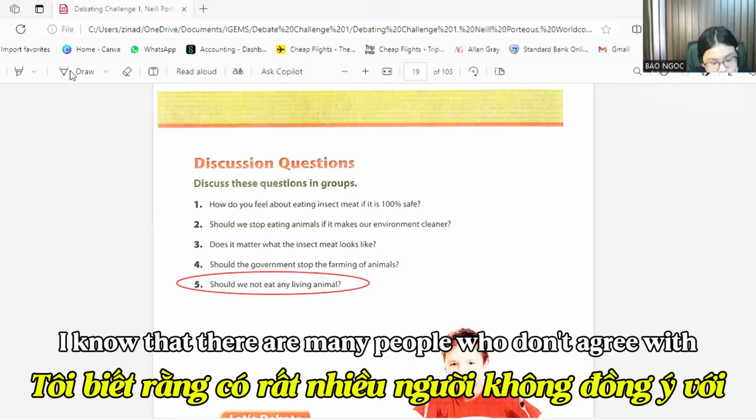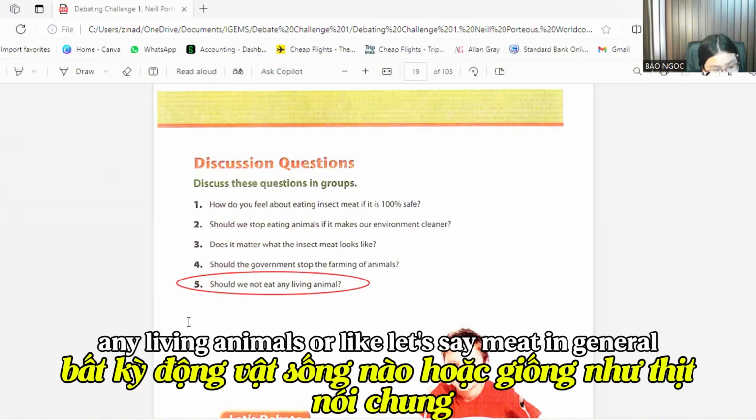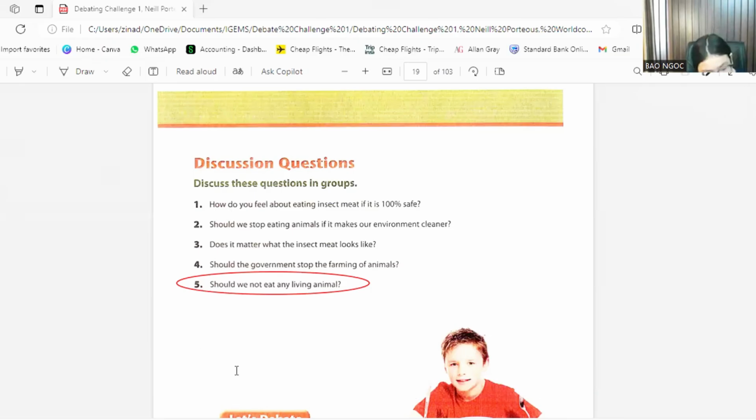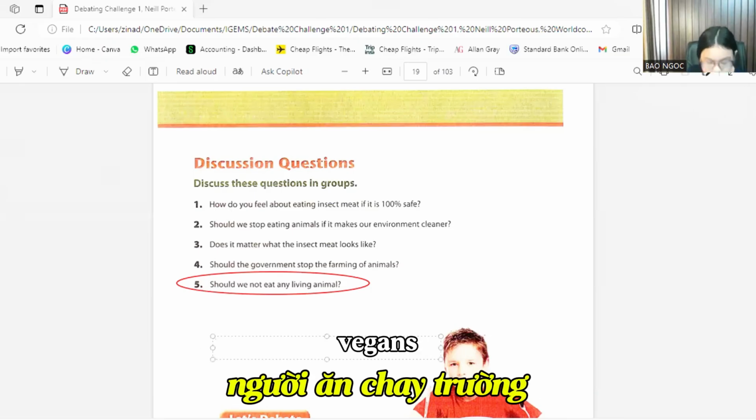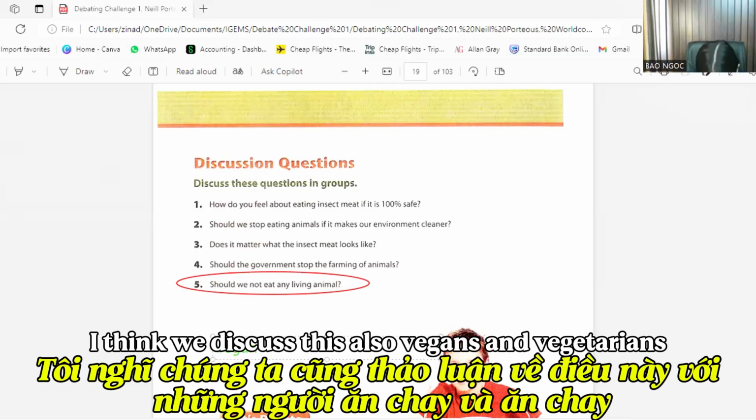I know that there are many people who don't agree with eating any living animals, or, let's say, meat in general. What do you call these people? Vegan? Okay, vegans. All right. What do you think the difference is between a vegan and a vegetarian? I think we discussed this also.